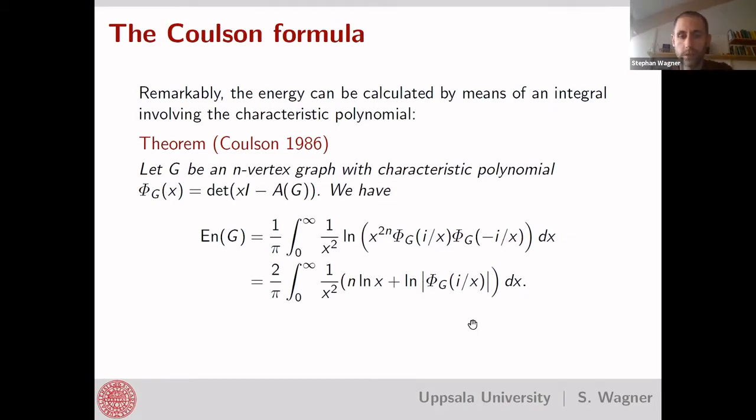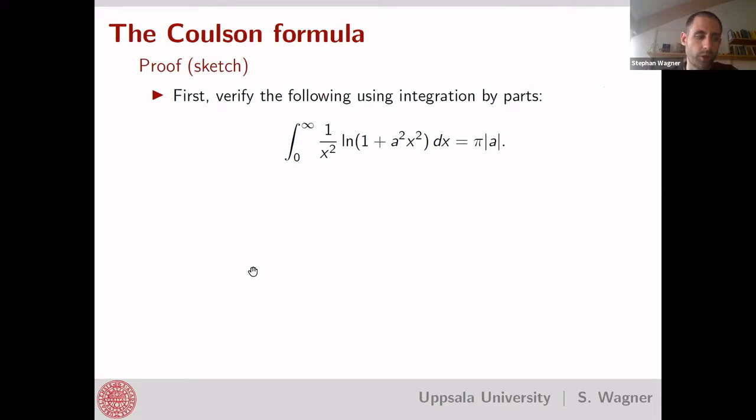And there are different versions of this so-called Coulson integral, where you always have the characteristic polynomial involved in some way, and you take some integral, usually from 0 to infinity in one way or the other. And somehow magically this becomes the sum of the absolute values of the eigenvalues, which at first glance is, I think, not obvious at all. But of course one can prove it.